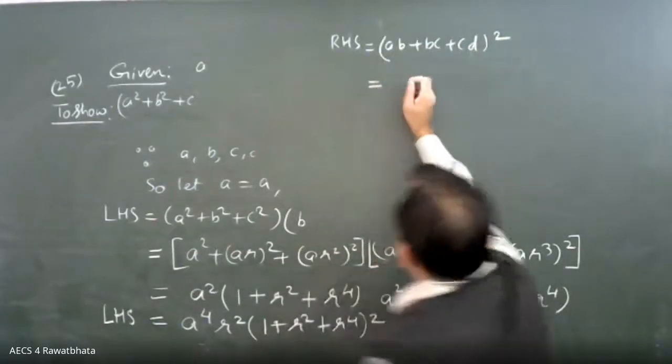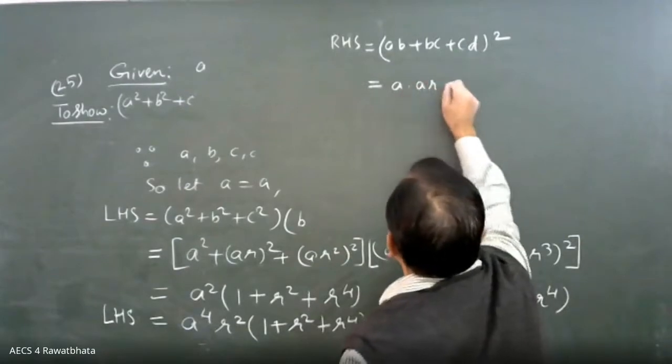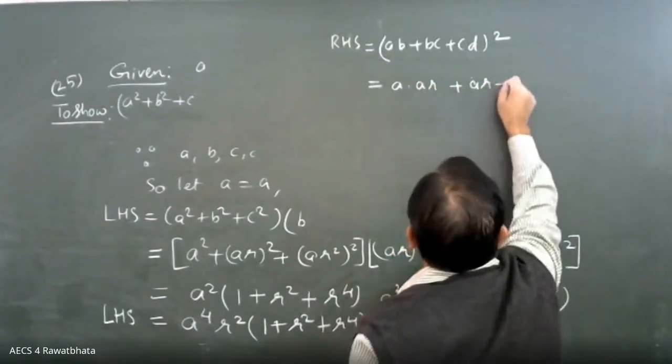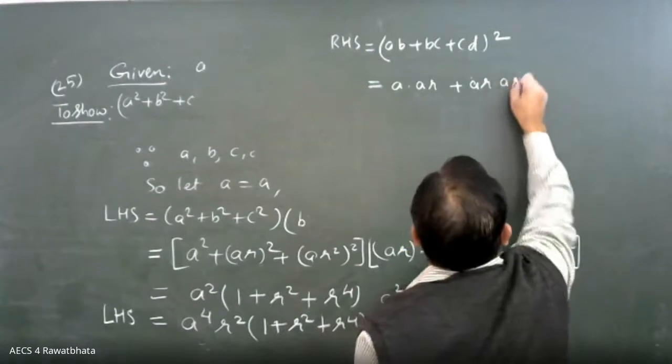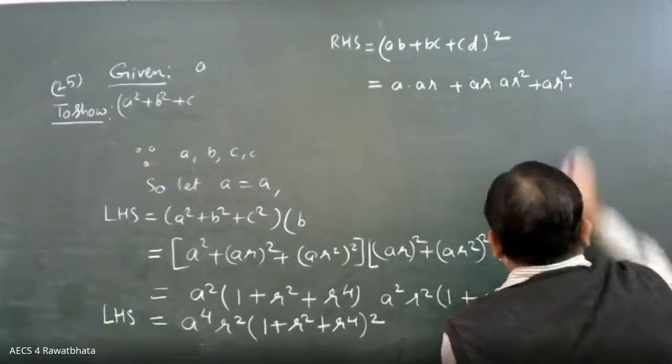Let us put the values of A, B, C, and D. A is as it is, A, B is AR, C is A R square, and D is A R cube.